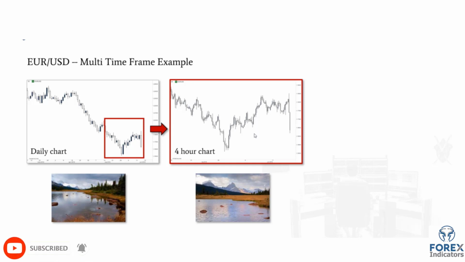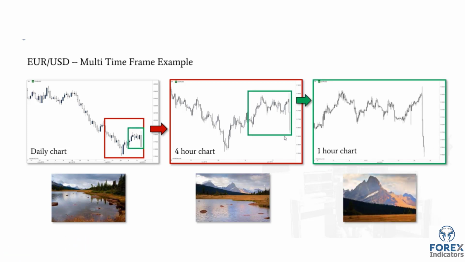And naturally, this shows you this section of the context in greater detail, similar to when we zoomed in on the mountain range in the photos. Now you can take this a step further and look at this price action from the 4-hour chart on the 1-hour chart. If we take this portion of the 4-hour chart and look at it on the 1-hour chart, each 4-hour candle is then split into 4.